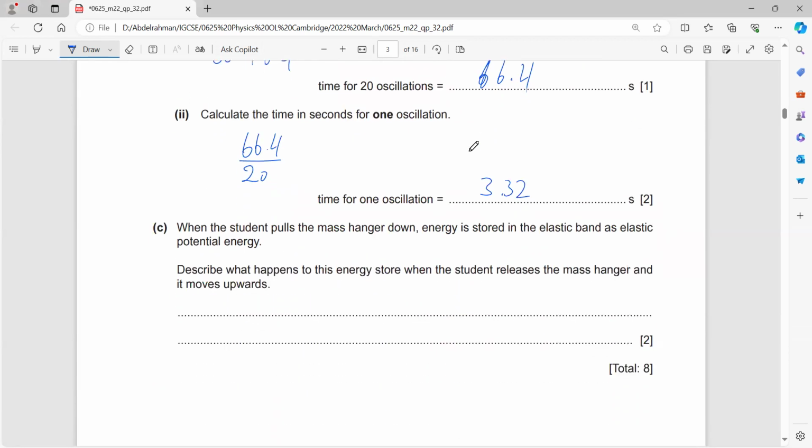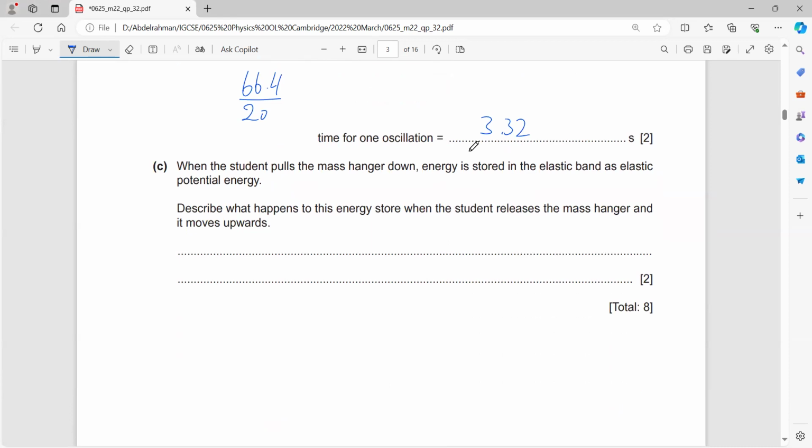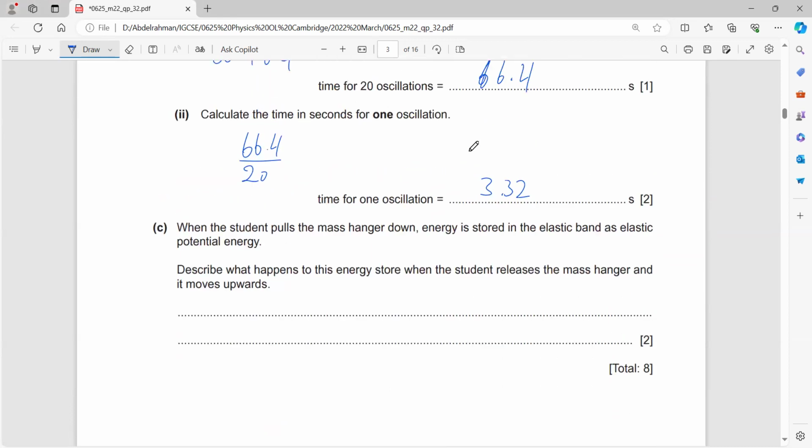When the student pulls the mass hanger down, energy is stored in the elastic band as elastic potential energy. Describe what happens to this energy when the student releases the mass hanger and it moves upwards. The elastic potential energy becomes gravitational potential energy.